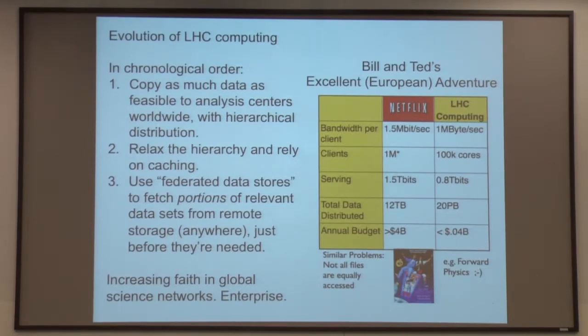So I wanted to reinforce this analogy a little bit by looking at the Large Hadron Collider, and we're lucky enough to work with two of the teams that are there in quite a bit of detail.